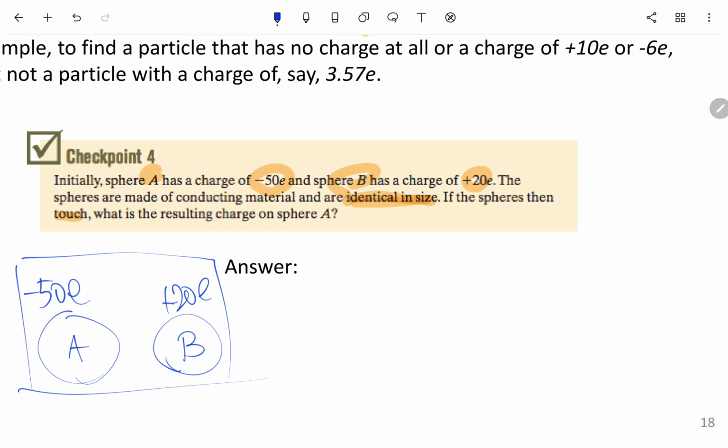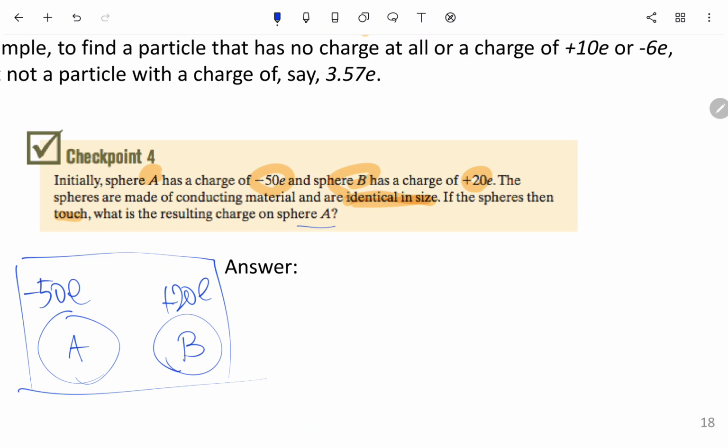In that case, you assume that no charge is going into this system or going out from this system. So it asks you, after touching, what is the resulting charge on sphere A?